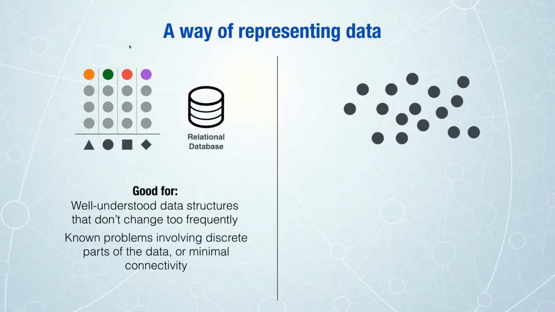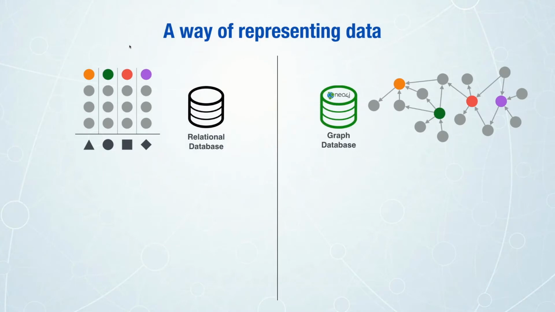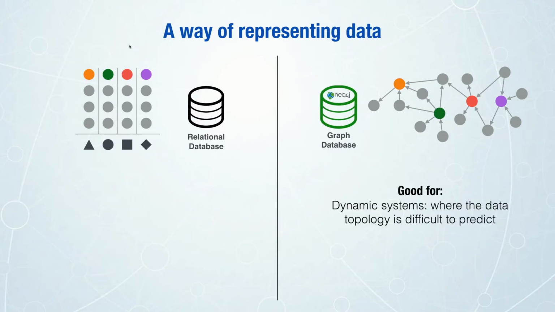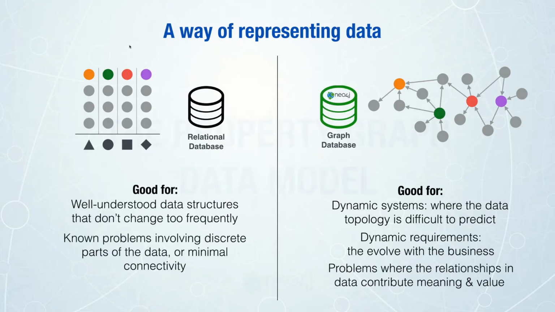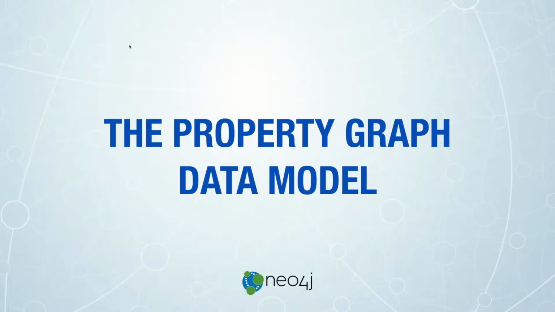So the relational model is falling a bit short, and that's where all the NoSQL alternatives are coming into play. In particular, the graph database, being one of them, provides support for these changing shapes in the data and in the uses of data. But again, trying to answer the question, I'm going to focus on the property graph, which is the way in which Neo4j represents graphs.